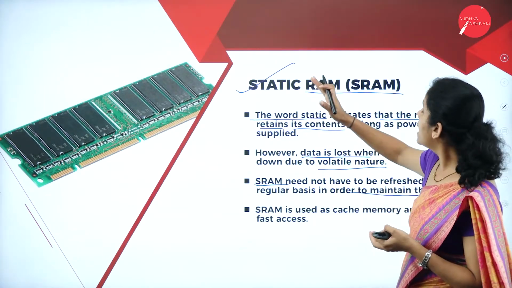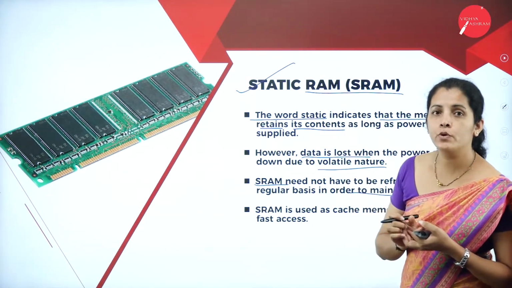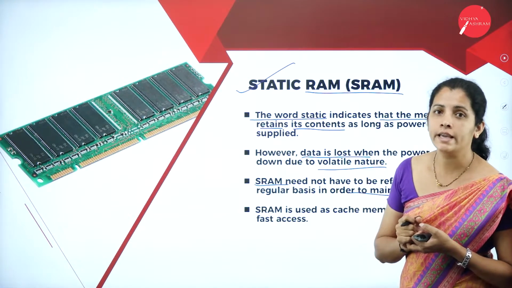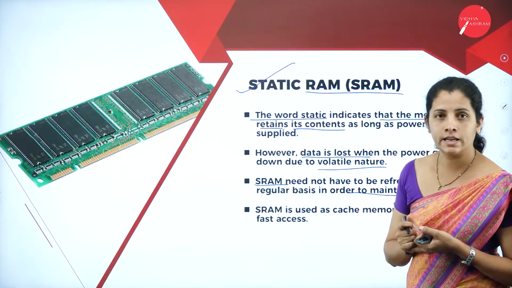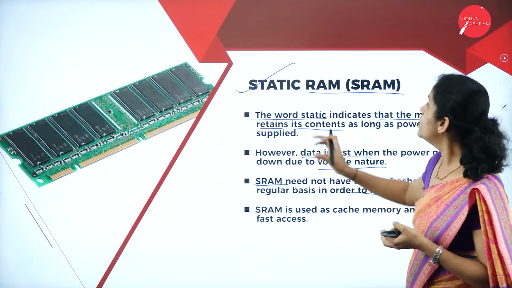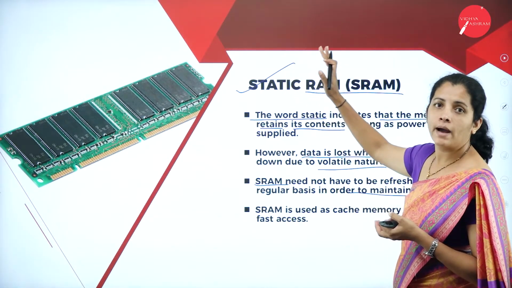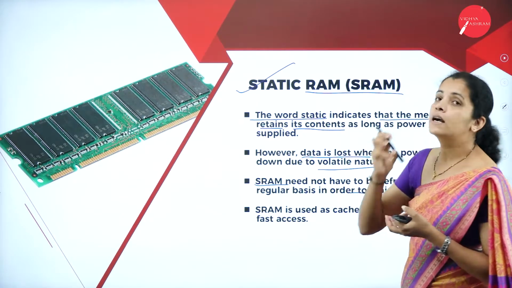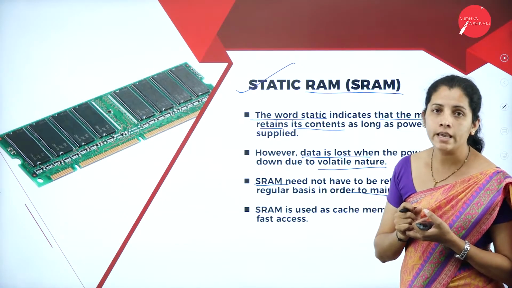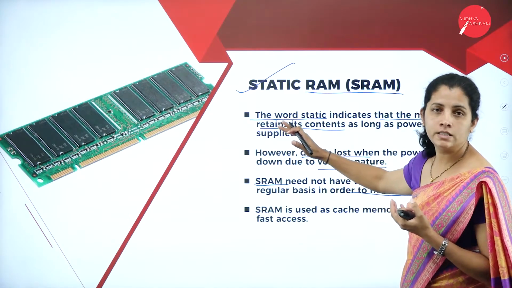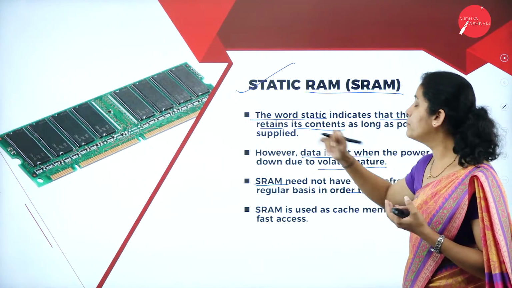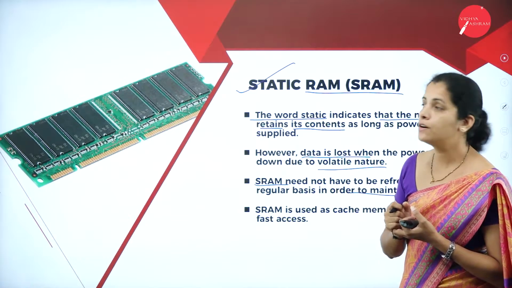And the static random access memory is also called cache memory, and it is a very fast access memory. So in static random access memory, the content remains the same until the power is turned off or your computer system is turned off.